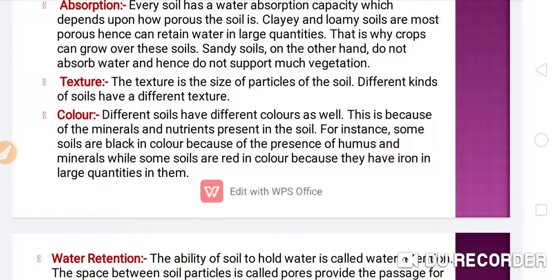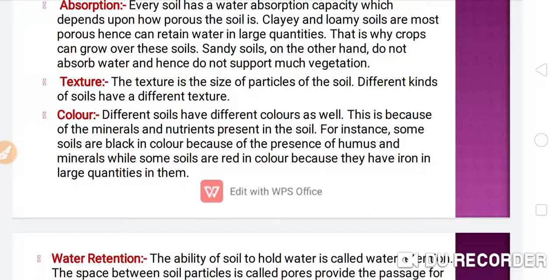Now color. Different soils have different colors as well. This is because of the minerals and nutrients. Whatever color the soil has depends totally on the minerals and nutrients existing in the soil.